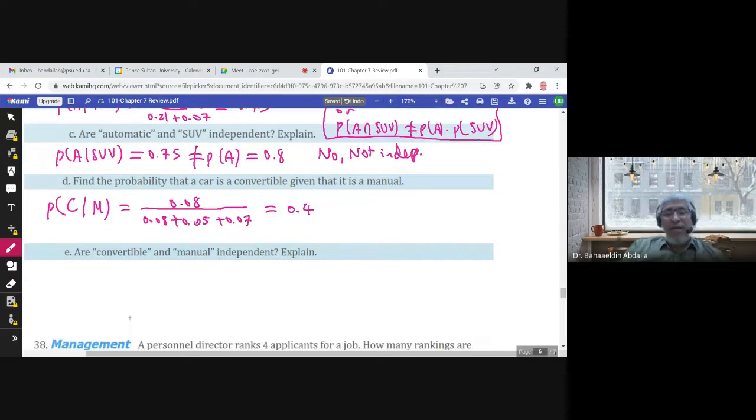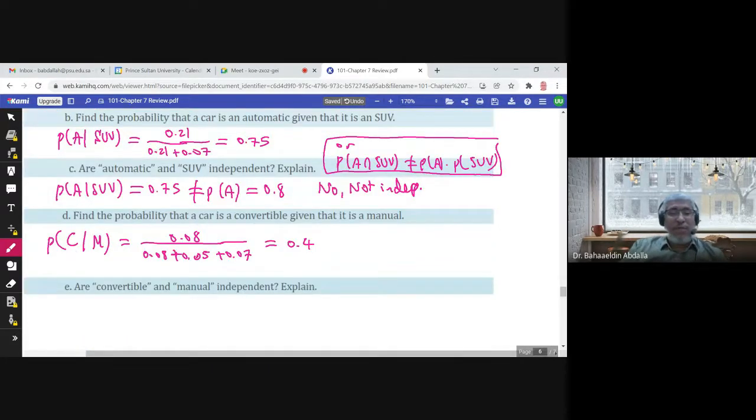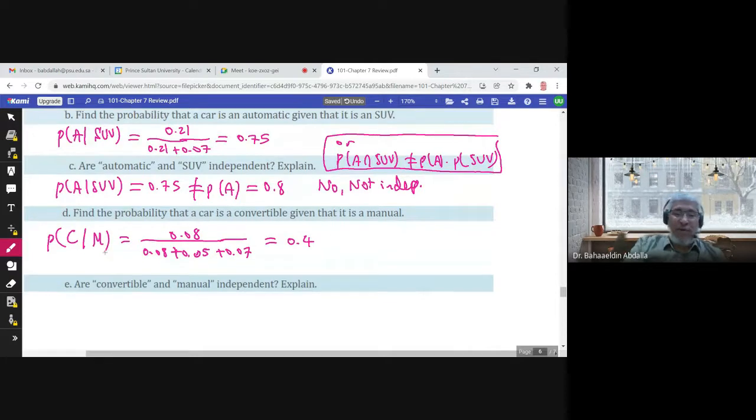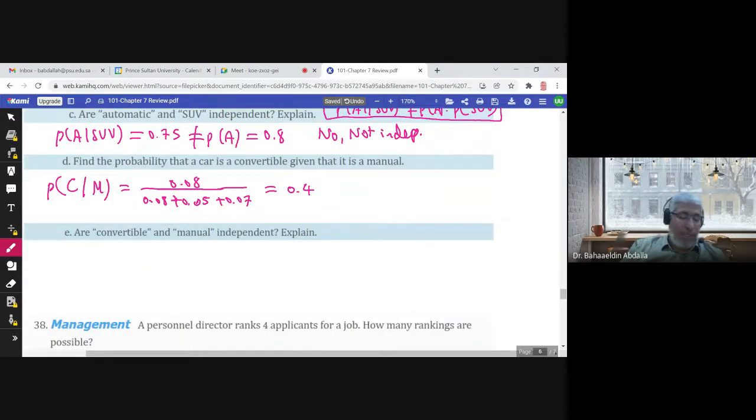Are convertible and manual independent? This is the probability of convertible given manual, 0.08 over the total. Is probability of convertible given manual equal to probability of convertible?